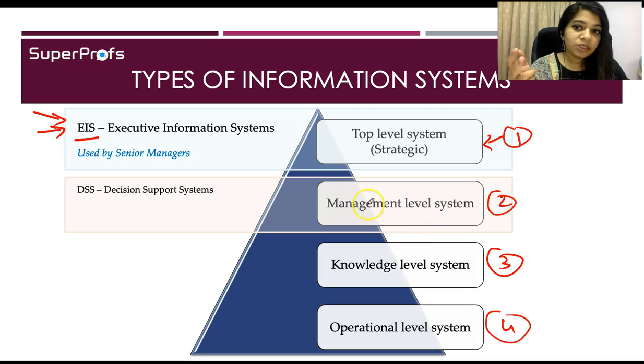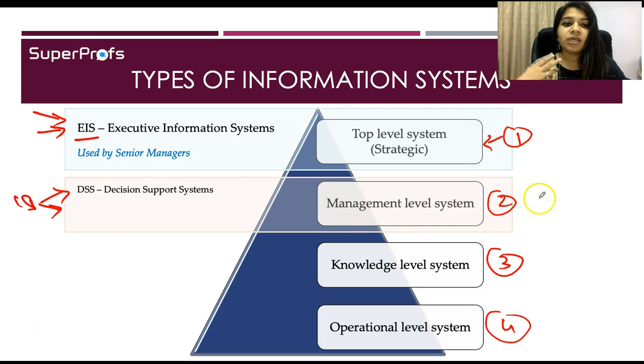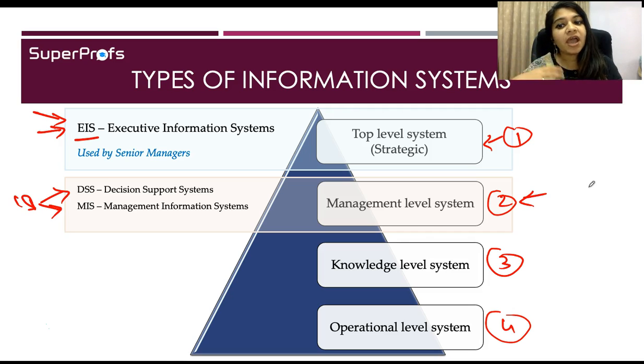All right, the second level comes as management level system. There are two information systems which are used at this level. The first one is your decision support system, DSS. As I mentioned, this level of your organization requires information to make decisions on a more regular basis. All right, so they require systems like decision support system and management information system.